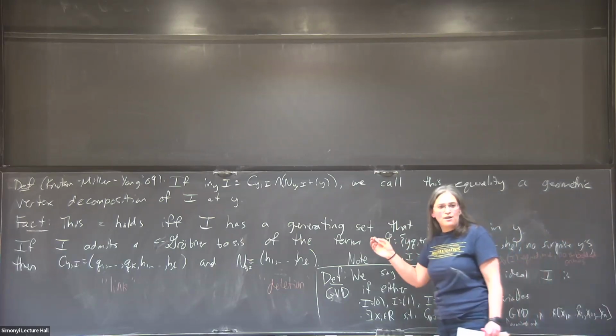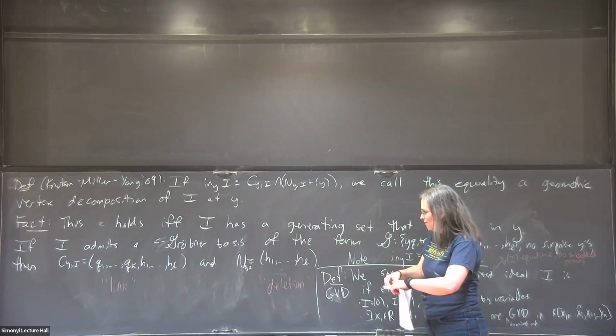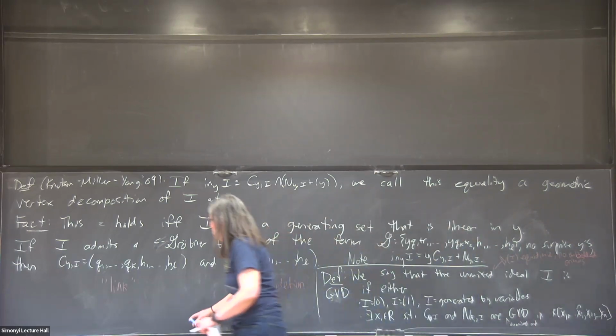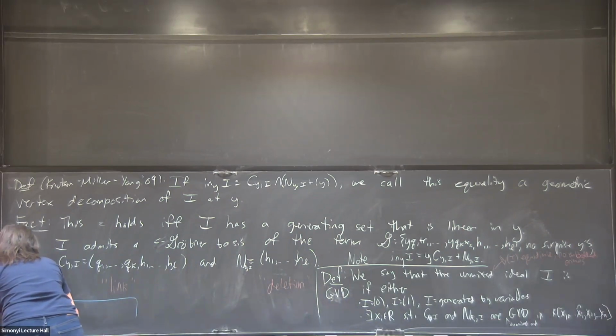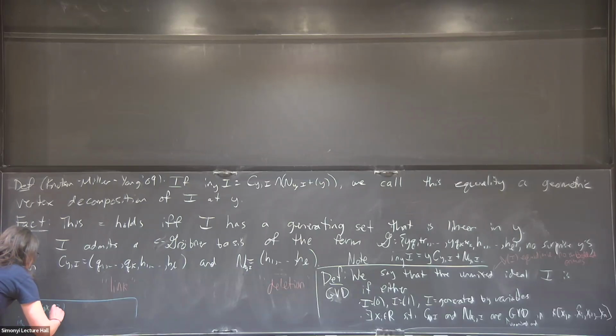You can have a vertex decomposition that, so here's a small example. So let's take J to be (YX, YZ). N_Y J, well, I mean, this just is the same thing. It's a monomial ideal.